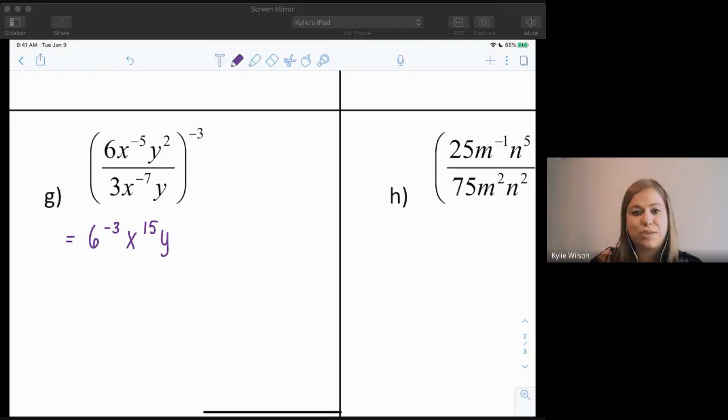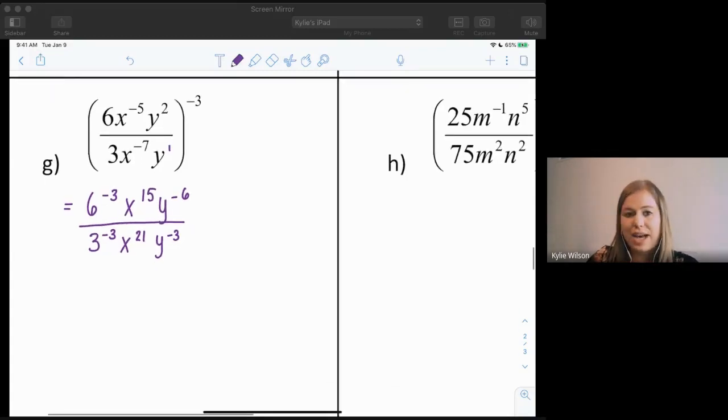I do 2 times negative 3, so that'll give me y to the negative 6, all over 3 to the power of negative 3, like this. My x, we have negative 7 multiplied by negative 3, so that would be positive 21. And then my y has a secret 1 here, so 1 to the power of negative 3 is negative 3, like this.